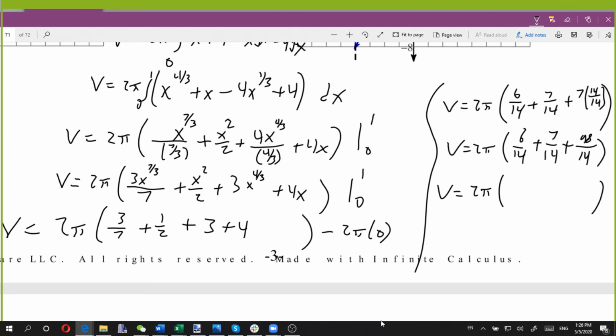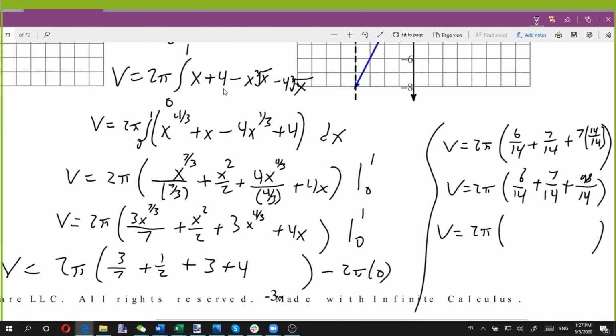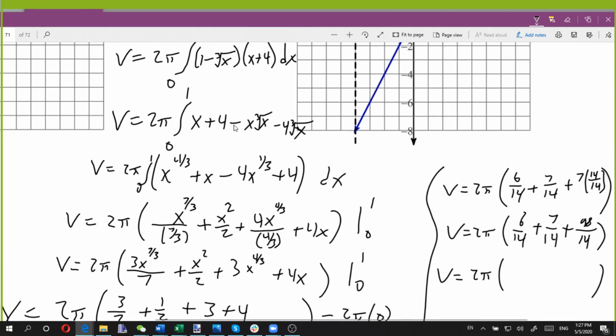Oh, hold on. Actually, I've got a sign mistake, all the way back over here. Two of these signs are negative, and I didn't carry them right. Okay, so I've got to go back. Both the ones that had a fractional exponent are actually negative.